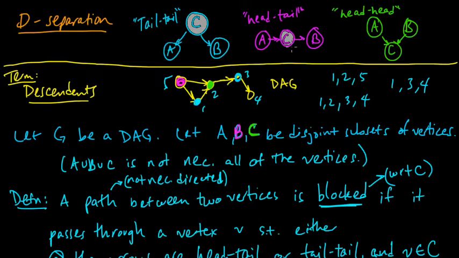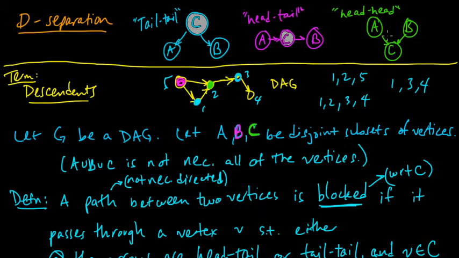In the head-to-tail case, the path is blocked because it passes through C, so condition A is again satisfied.